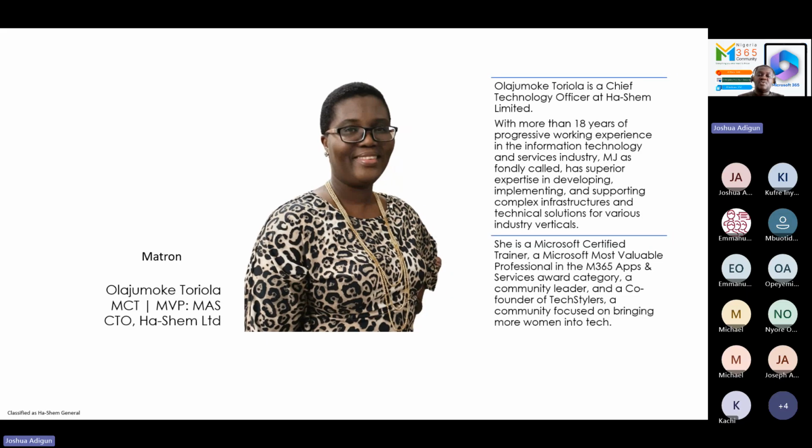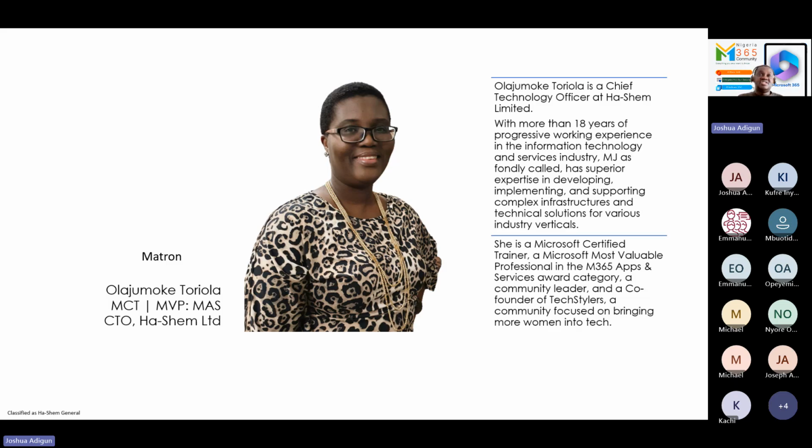We also, just to recognize our leaders, we have our matron here, Olajumoke, popularly known as MJ. She's a Microsoft Most Valuable Professional, certified trainer, and also the CTO, Chief Technology Officer. She has a lot of industry experience in the technological world.